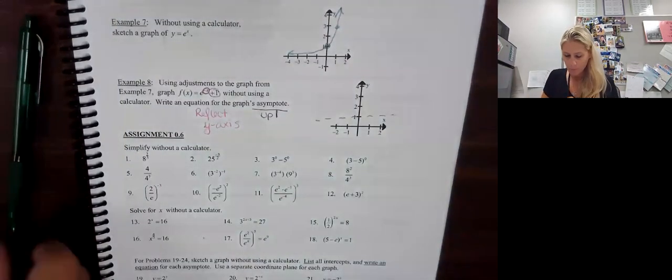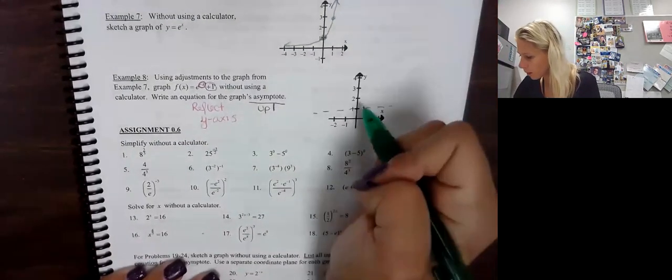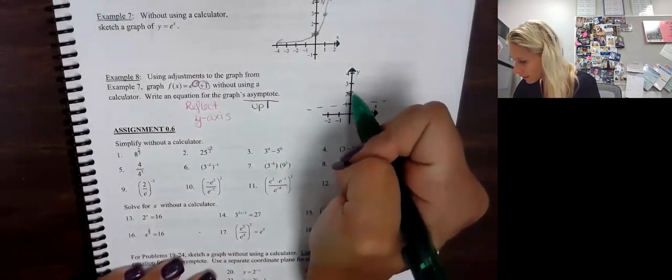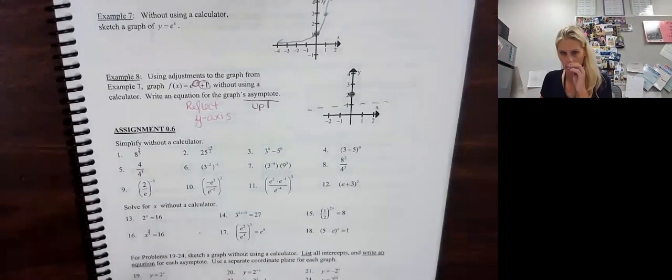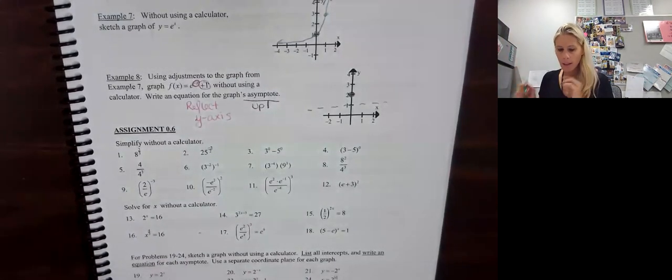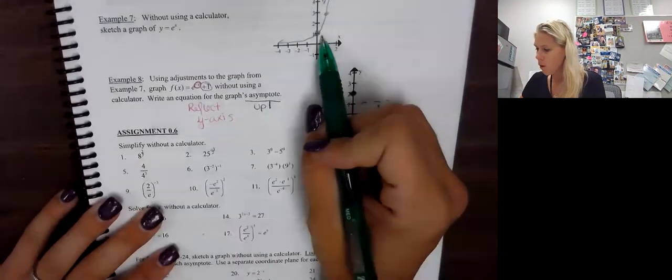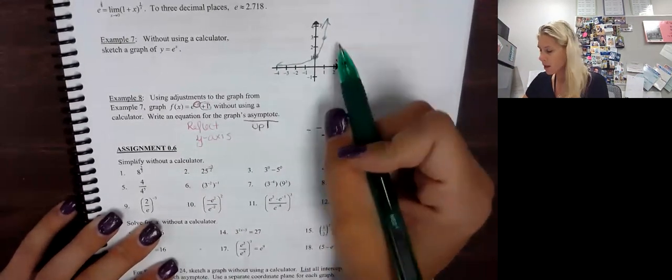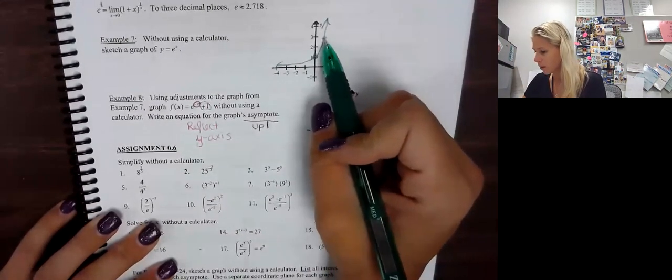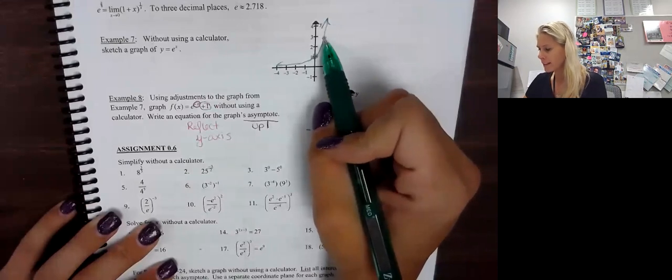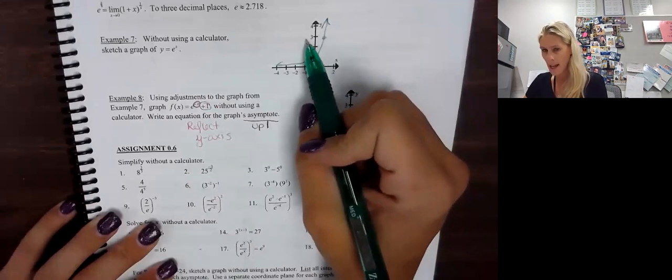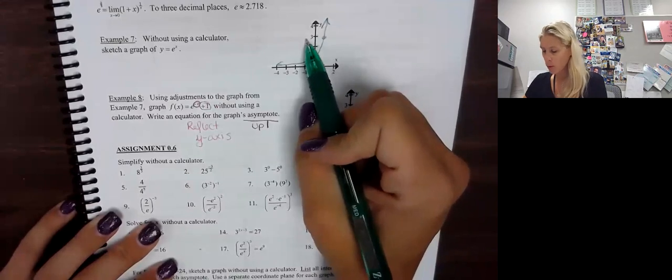Now, that also means the y-intercept went up by 1. So instead of (0, 1), it's (0, 2), and I can plug that in. Before, we had (1, 2.718), but if we're reflecting it, it's going to be at (-1, 2.718).